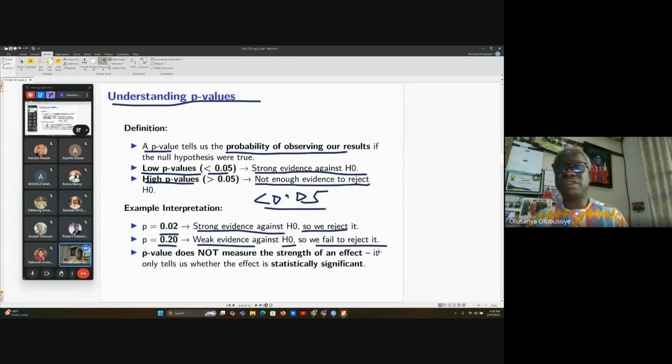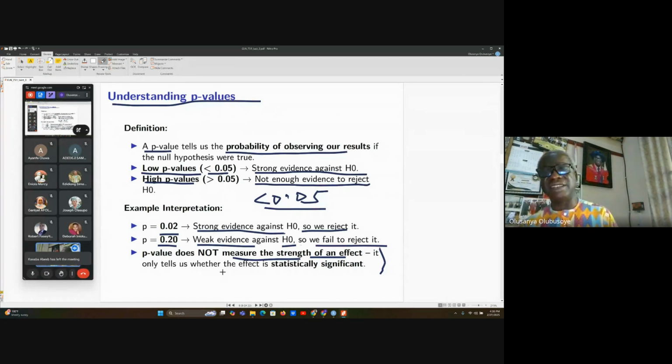But most researchers commit a lot of blunders. They abuse this concept. Sometimes they interpret it as a measure of the strength of an effect. It does not measure any strength. It only helps you to say whether your hypothesis is statistically significant or not.